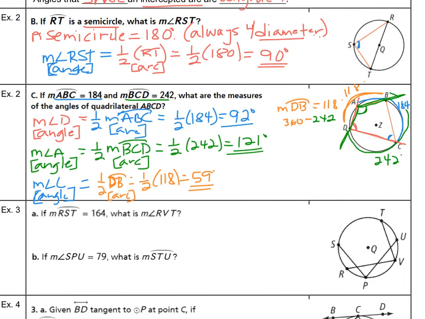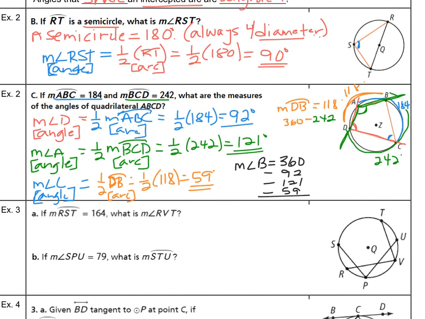We have 3 of the 4 angles inside that quadrilateral. Once you know 3 of them, remembering what we know about quadrilaterals, we talked about it last week, all 4 angles should add up to 360 degrees. The angle that we're missing is angle B. Therefore, to get the measure of angle B, we can take 360 minus the other angles that we know. So minus 92, minus 121, and minus 59.